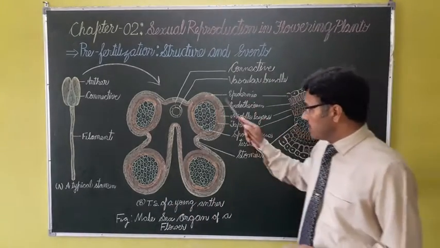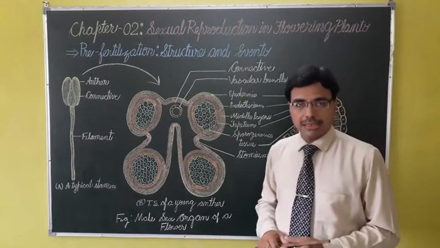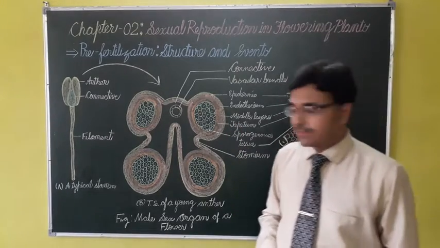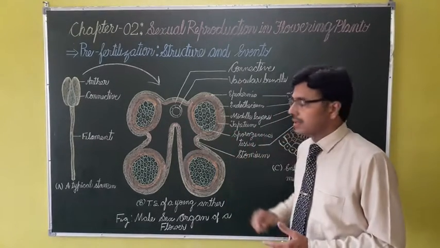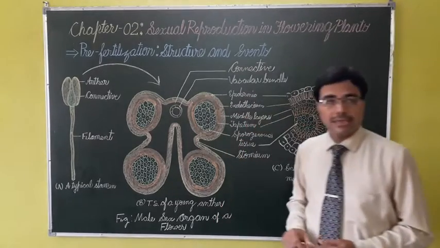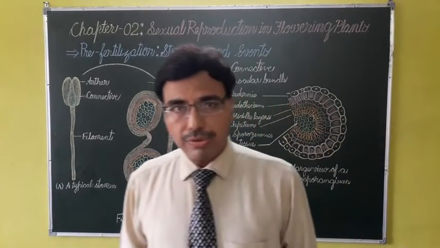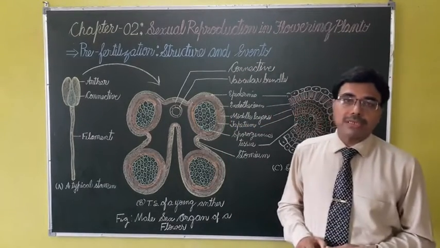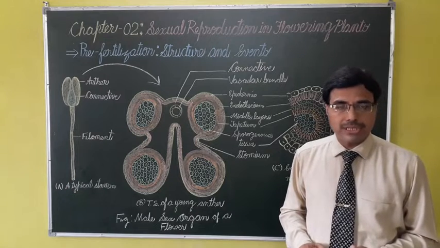Now inner to this epidermis, one more layer is there, which is called endothecium. This endothecium I have drawn in pink color. This endothecium and this epidermis form the covering of the anther. The outermost covering is the epidermis, and inner to that there is a covering of endothecium.